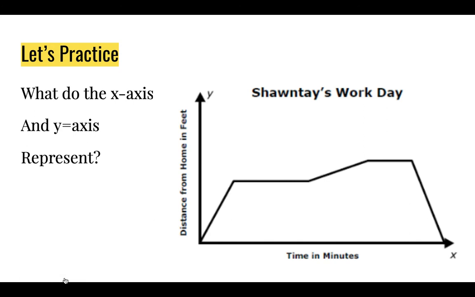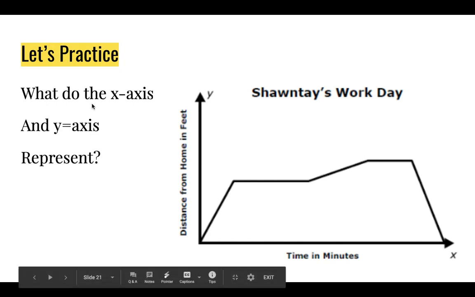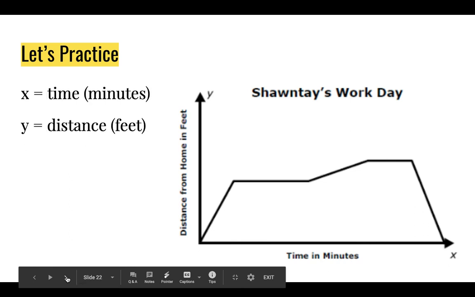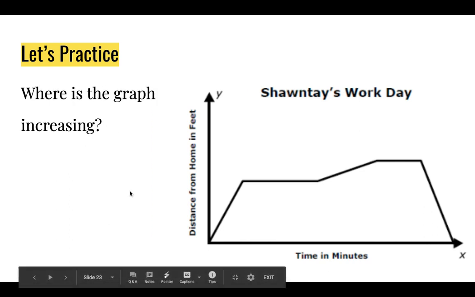Okay, let's practice. What do the x-axis and the y-axis represent? The x-axis represents the time in minutes, and the y-axis represents the distance from home in feet. Where is the graph increasing? The graph is increasing in the beginning, and the graph is increasing in the middle.